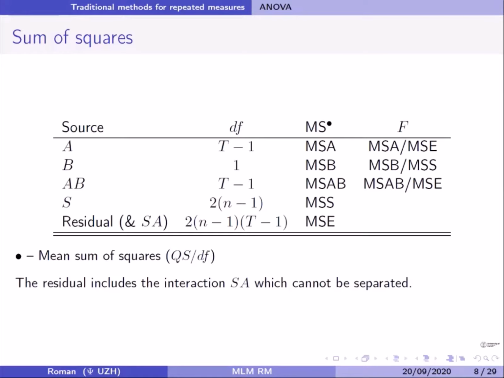The residuals include the interaction of S and A, so the subject-specific deviances and their temporal effect, and it cannot be separated. These are mean squares, by the way. So if you remember from the regression slides, we took a look at sums of squares. These are the mean sums of squares here, okay?